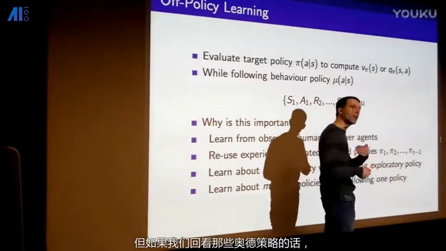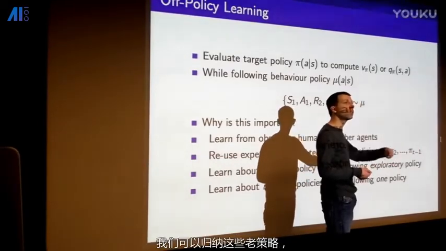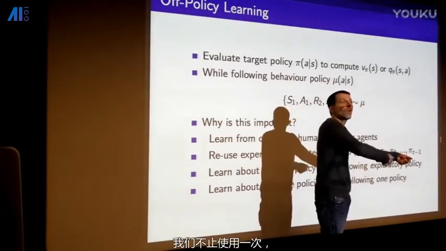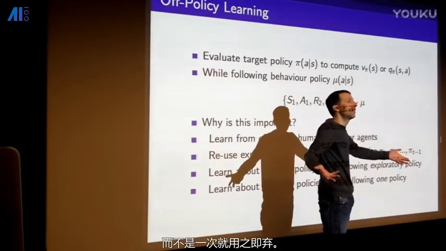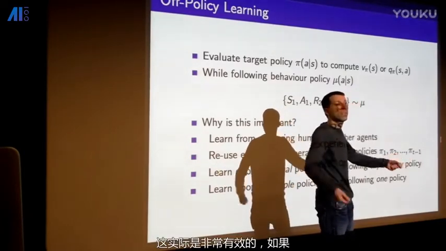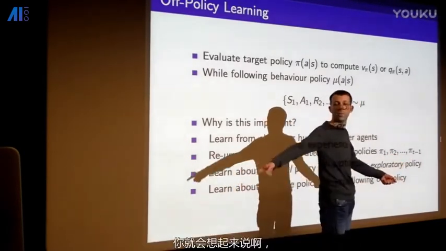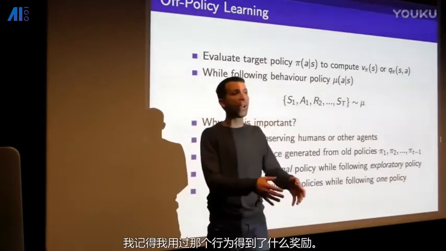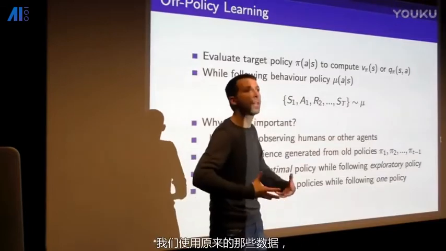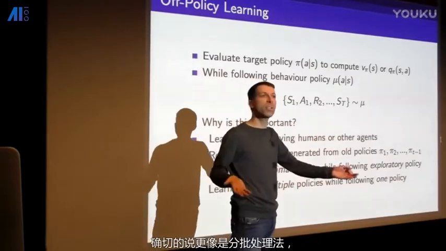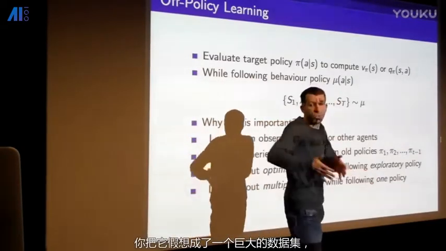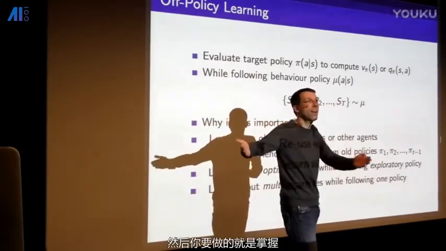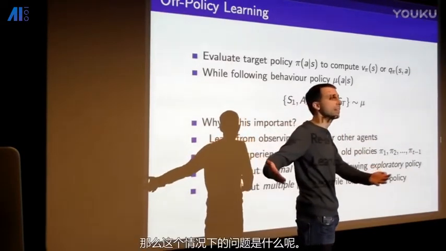But what if we want to go back over the data that was generated using those old policies and use it more than once instead of just discarding this data, which is very data inefficient? What if we want to go back over it and say, oh, I remember I did this thing, I've seen this state before, when I was last here I did this other action and I got this other reward. Reuse that data, do something a bit more like batch methods, where you just treat this as a big data set and figure out how to do the best thing from that data set.